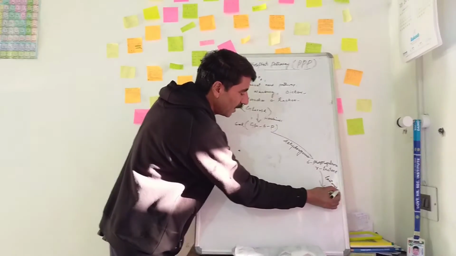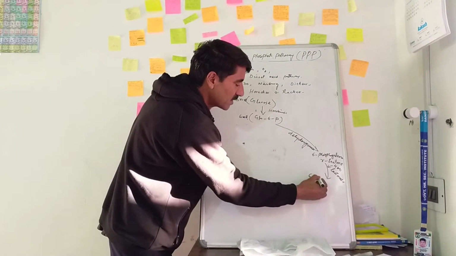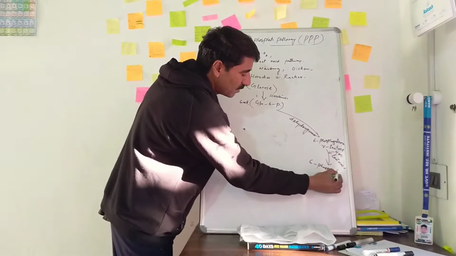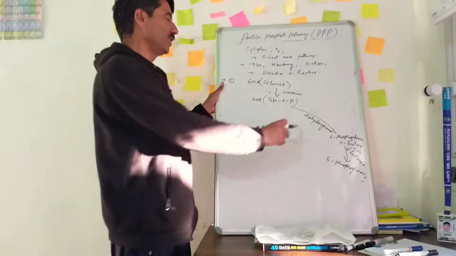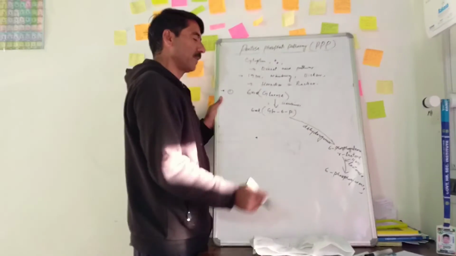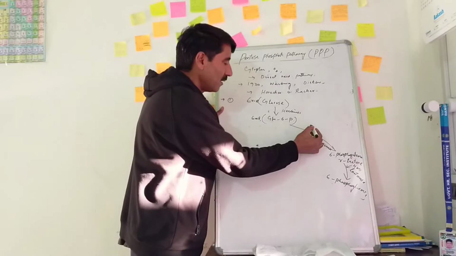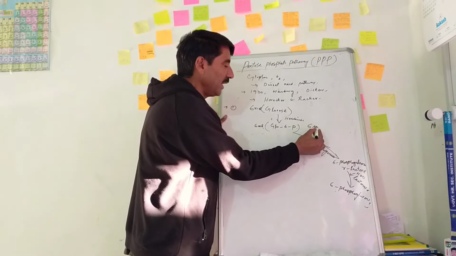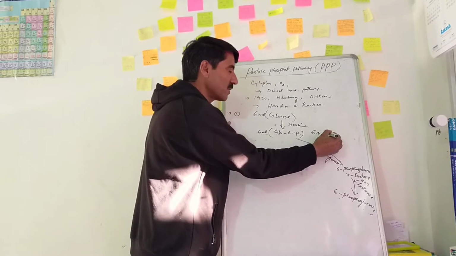lactonase. In the presence of water, it gets converted into 6-phosphogluconic acid. Now during this step, that is dehydrogenation of glucose 6-phosphate with the help of the dehydrogenase enzyme, 6 molecules of NADP, nicotinamide adenine dinucleotide phosphate, are used.